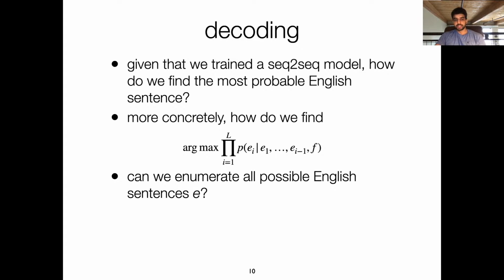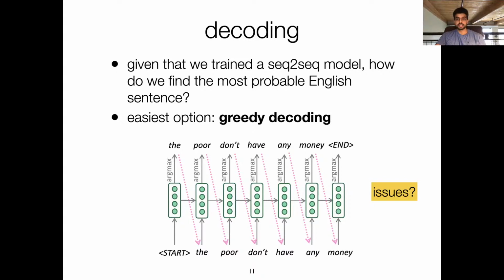The search space is too huge, and so we need to switch over to some sort of approximate methods of finding something that is highly probable, but maybe not necessarily the most probable English sentence. I think we discussed this or something similar to this before, but the easiest thing to do is greedy decoding.